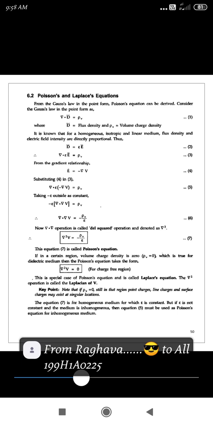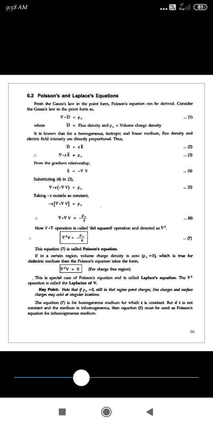It is known that for a homogeneous, isotropic and linear medium, the flux density and the electric field intensity are directly proportional: D bar is equal to epsilon E bar. Call this equation number 2.